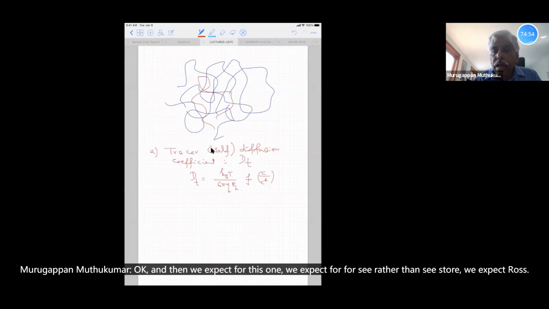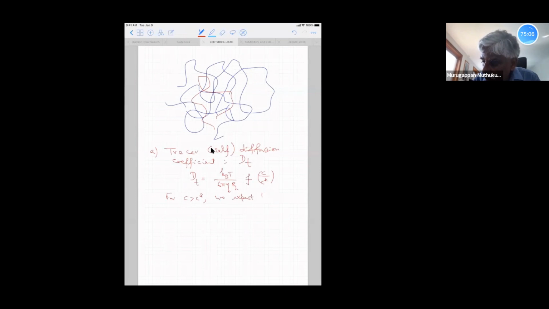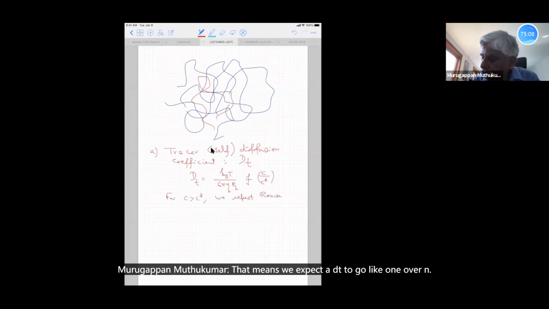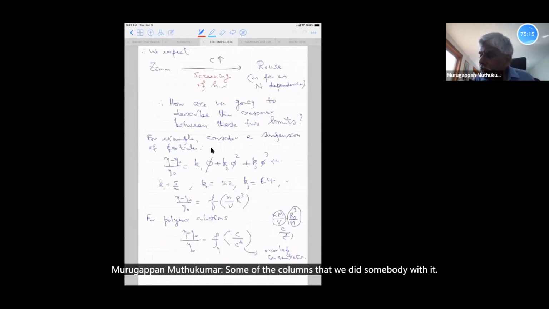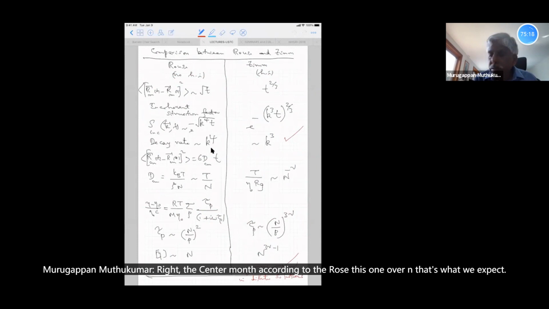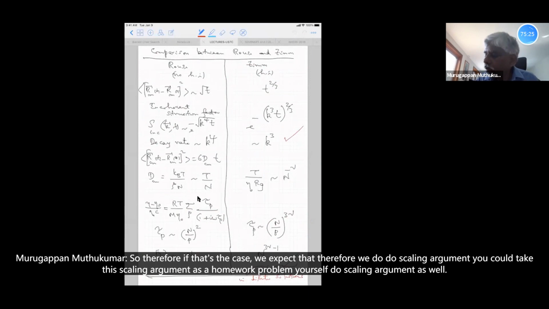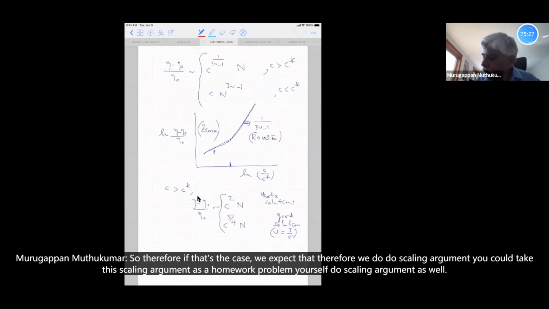And for C greater than C star, we expect Rouse. That means we expect DT to go like 1 over n. Remember the summary columns we did: D center of mass, according to Rouse, is 1 over n. That's what we expect.